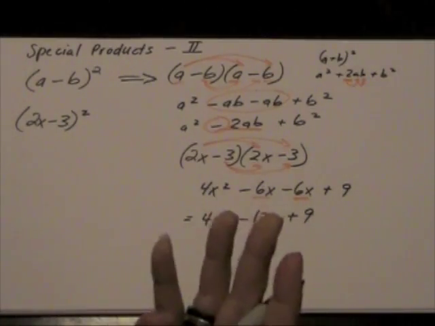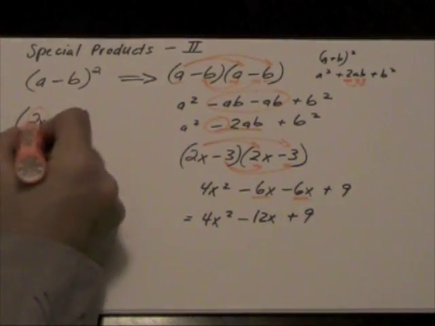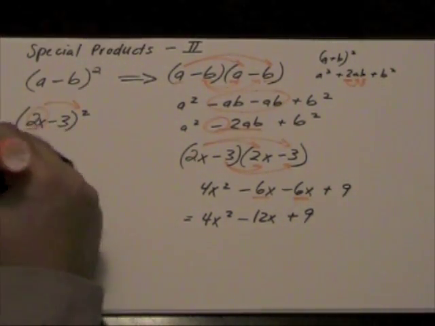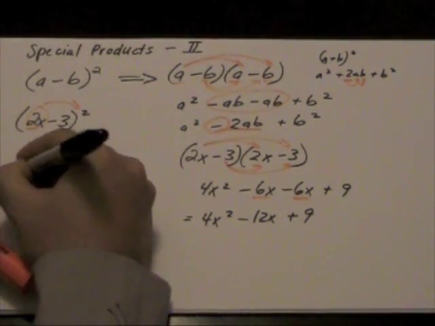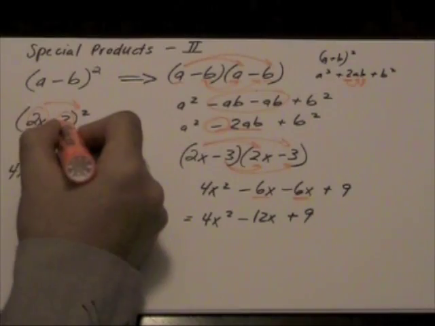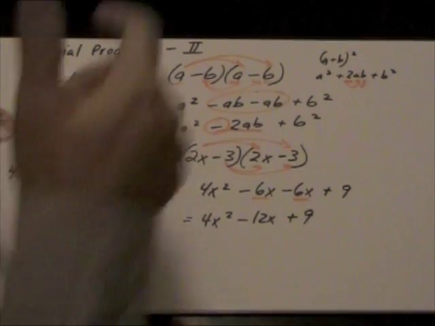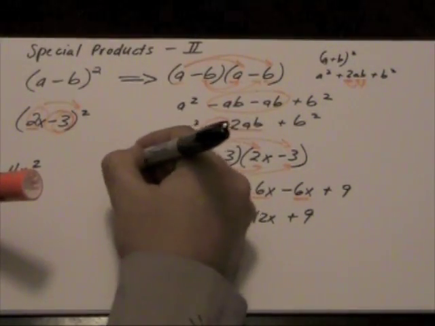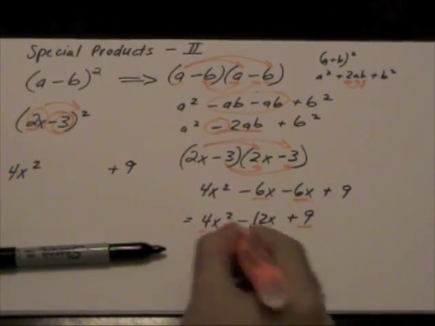So, how can we do this a lot quicker? Well, just as we said here, if we take our first term and square it, 2x squared will give me 4x squared. If we take our last term, negative 3, and square it, we will get positive 9. And that's our term right here, and there's our term right here.